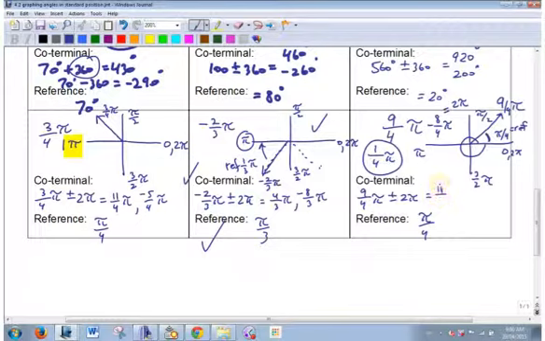That's 17/4 pi. And then 9/4, if I go the other direction, minus 8/4, yeah, 1/4 pi, which I kind of already did. That's my reference angle. Okay? Is there any more? Oh, I guess that's it.